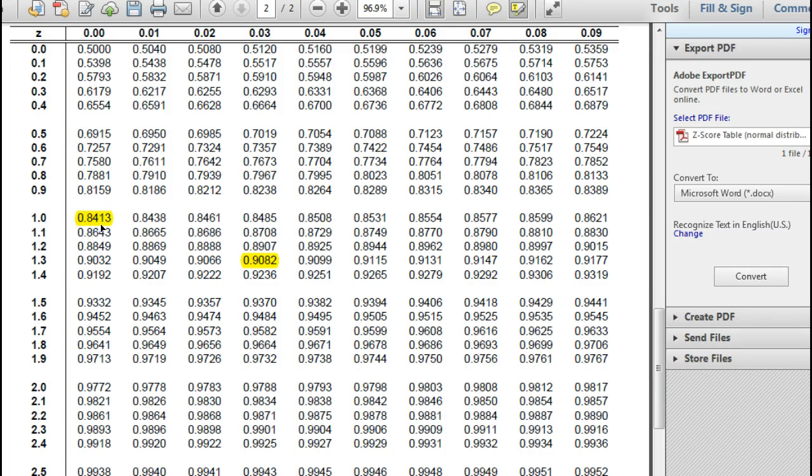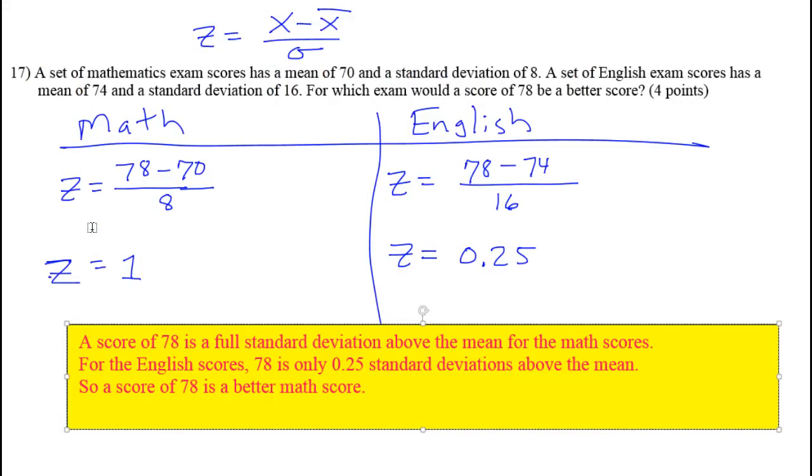That's 84.13. So that's the percentile. So just for discussion purposes, I'm just going to round that off. It's about the 84th percentile. So this math score of 78 is better than 84% of everyone else.